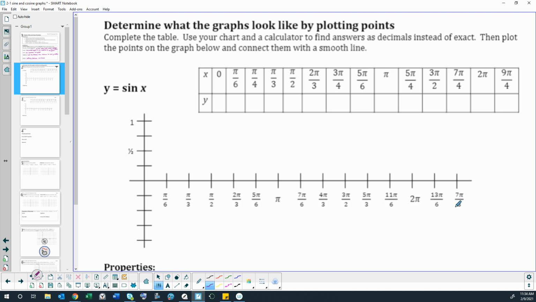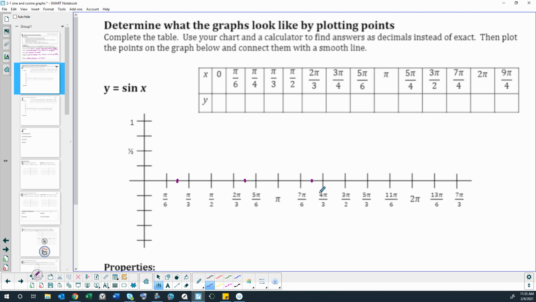Notice how my graph itself doesn't have any increments for pi fourths. Pi fourths, just like on our circle, would be exactly halfway between pi sixths and pi thirds. So I didn't scale those in there. If you need to, between your thirds and sixths, you can throw in a little mark. It'll be your pi fourths.